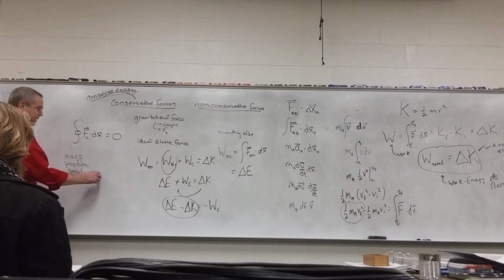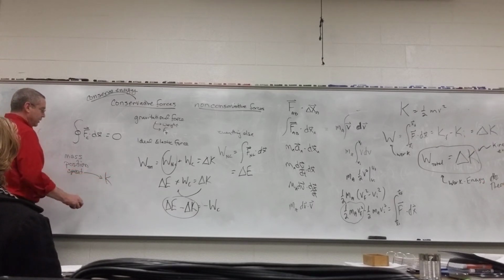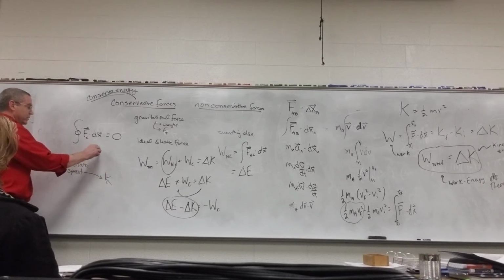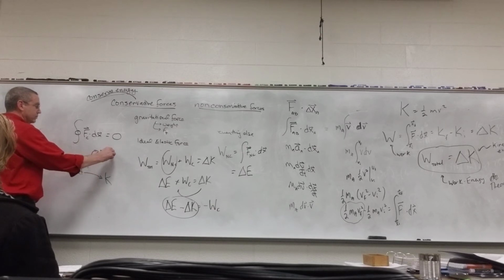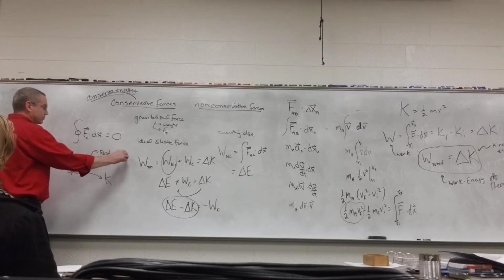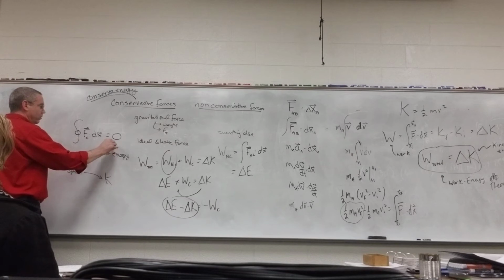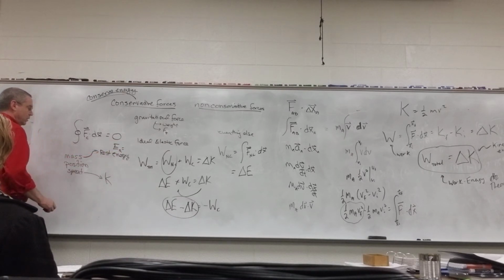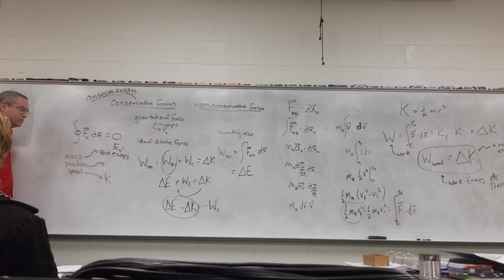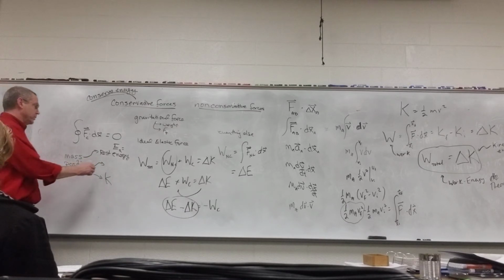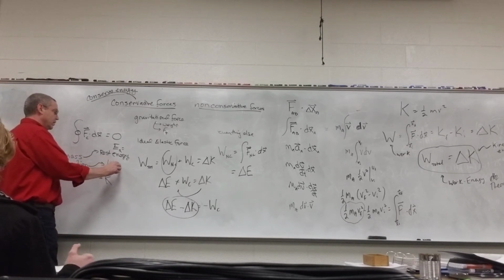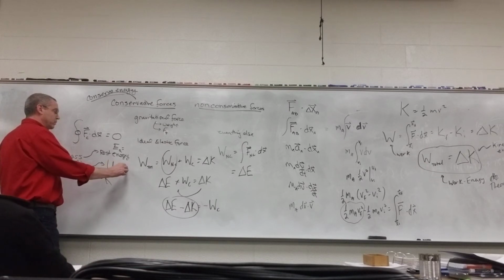Energy associated with speed is kinetic energy. Energy associated with mass is known as rest energy. All of you know the formula, although perhaps you don't realize it at the moment. And position is potential energy. And for that, I use a capital U.